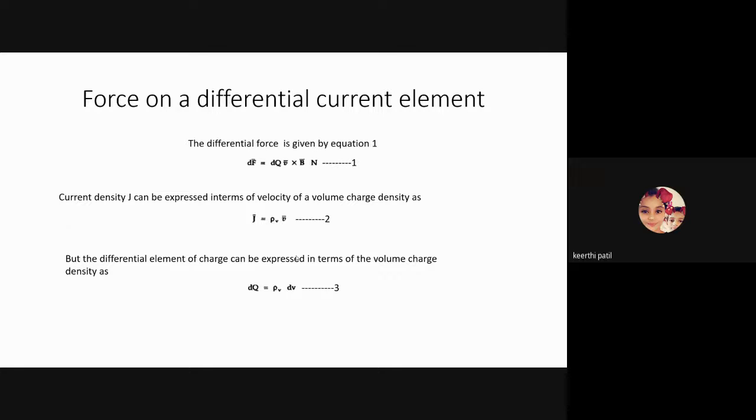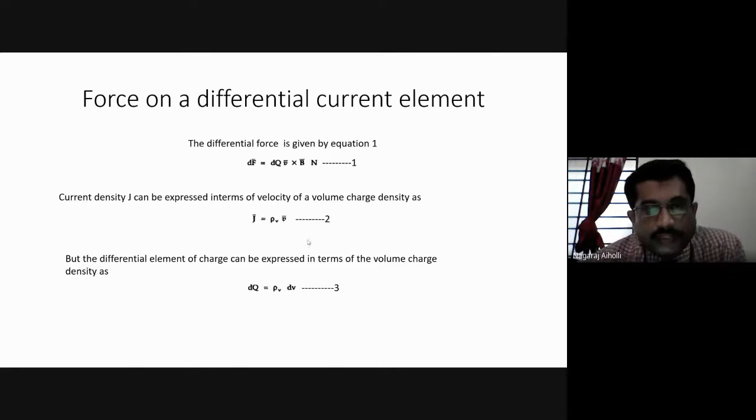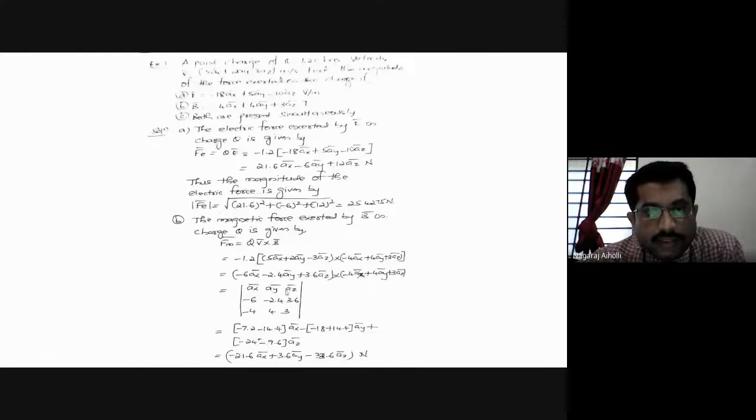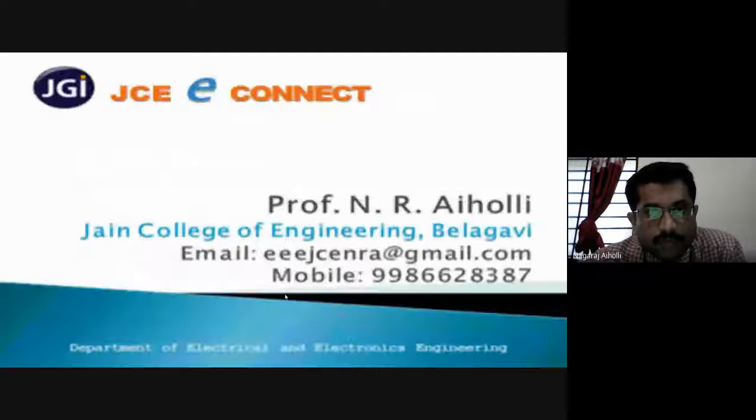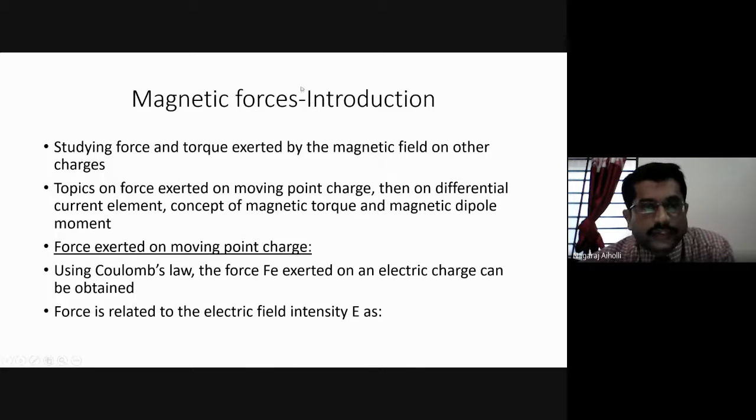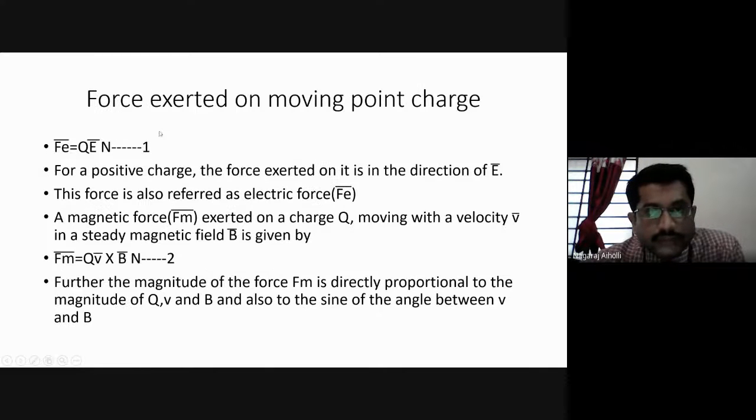No, sir. Okay, fine. So in today's class, students, we have covered the topics on magnetic force: introduction to magnetic force, and force exerted on a moving point charge. That is, we got the equation Fe is equal to Q E, and Fm is equal to Q V cross B bar.